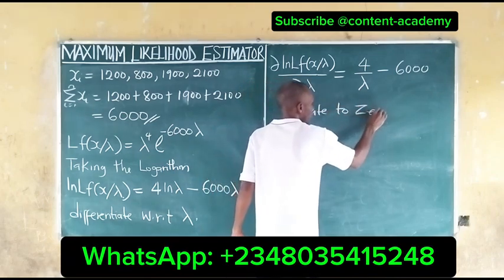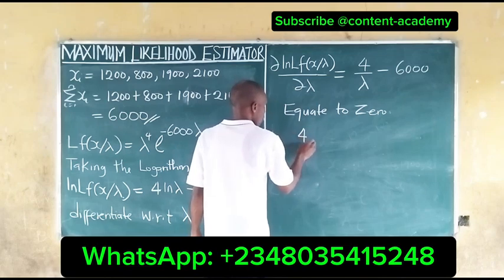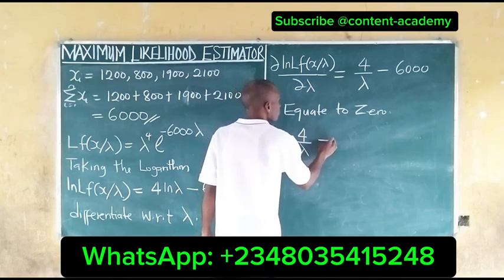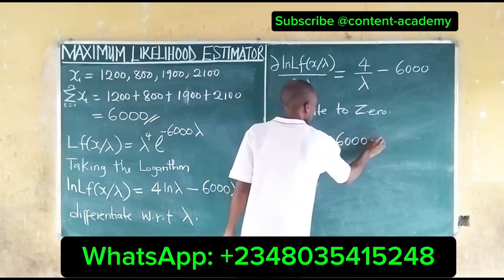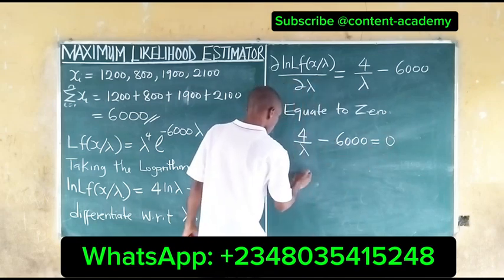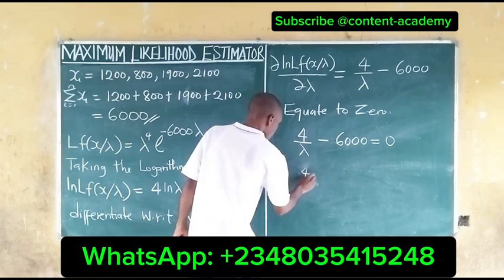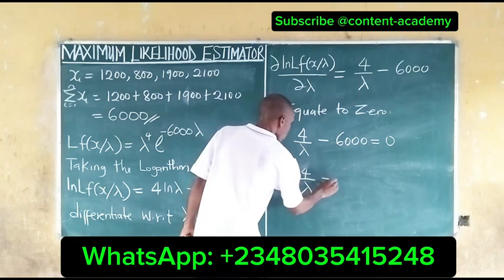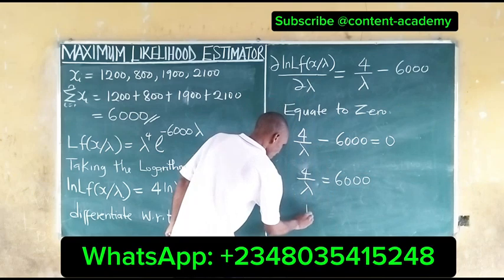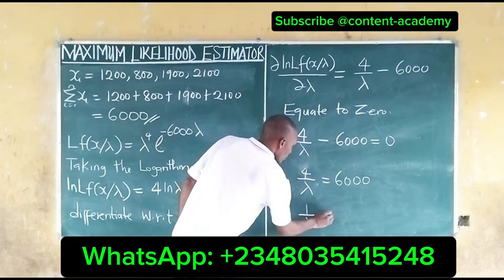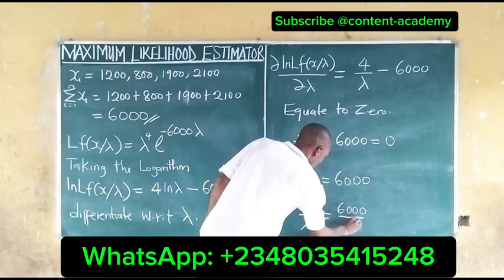What are we equating to 0? What we have differentiated. So we have 4 all over lambda minus 6,000 is equal to 0. So we have 4 all over lambda equal to 6,000. It then means that 1 all over lambda is equal to 6,000 all over 4.